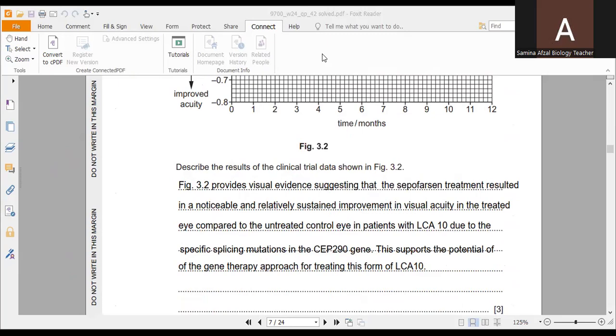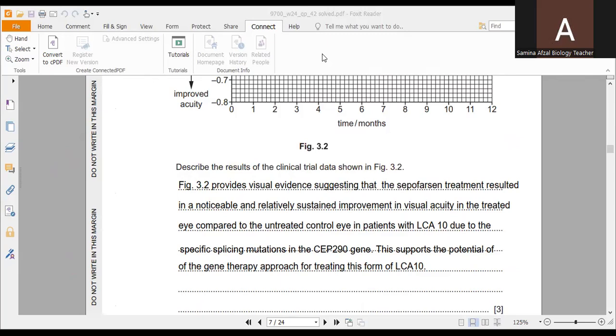So figure 3.2 provides visual evidence suggesting that the treatment resulted in a noticeable and relatively sustained improvement in visual acuity in the treated eye compared to the untreated control eye in patients with LCA10 due to the specific splicing mutation in the CEP290 gene.